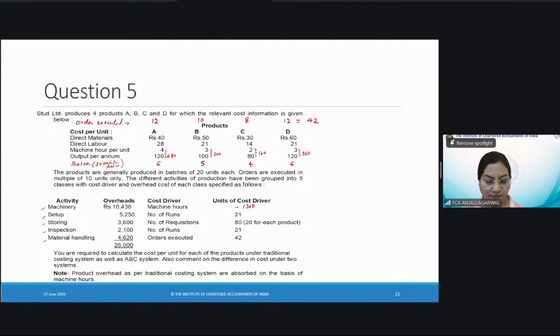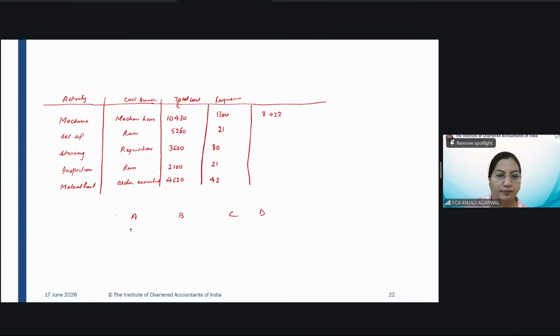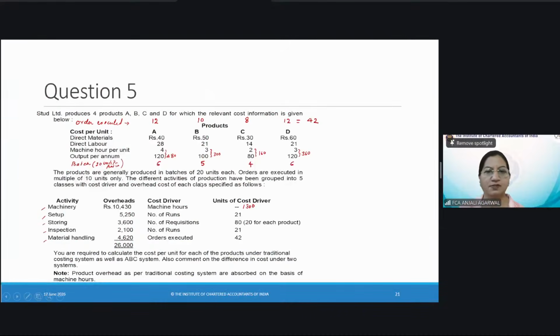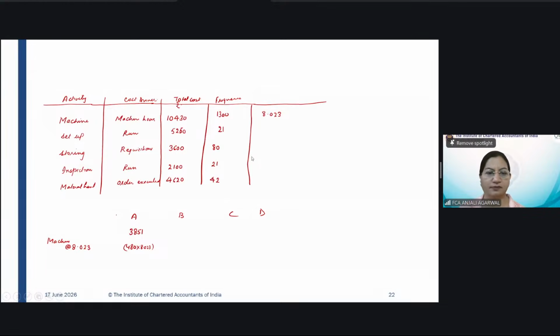So when you multiply with 480 for product A, it will come out to be 3851. Machine at the rate of 8 point something, 8.023. In brackets, you will show this calculation in a slightly smaller font for your examination purposes. 300, 160, 360.